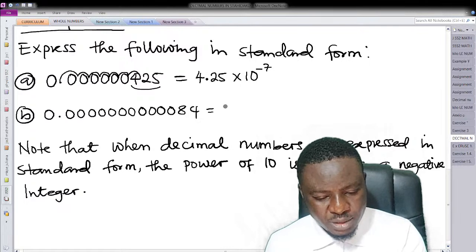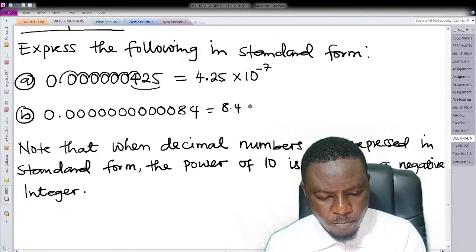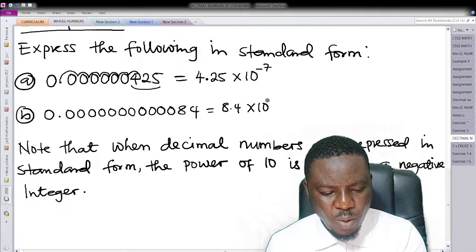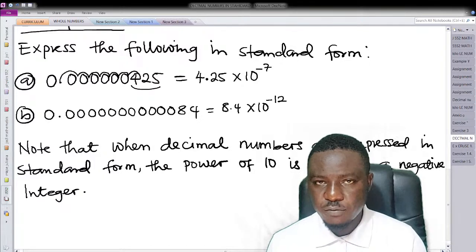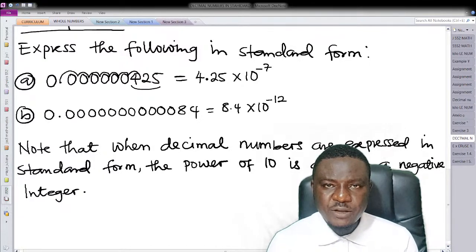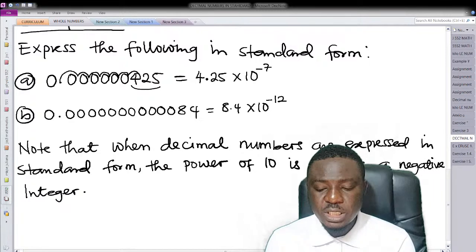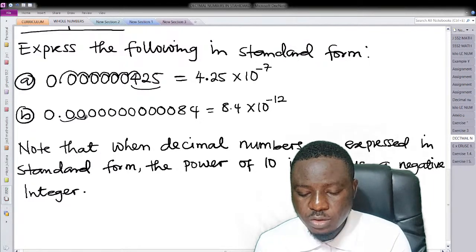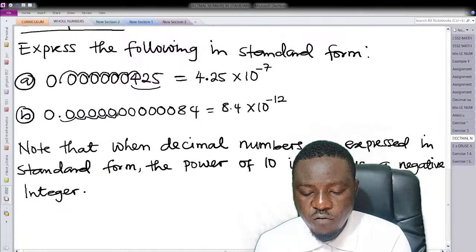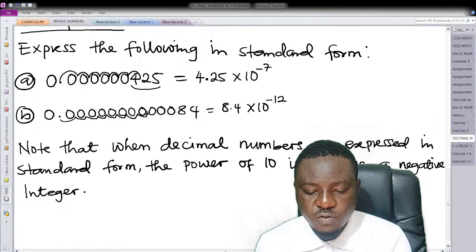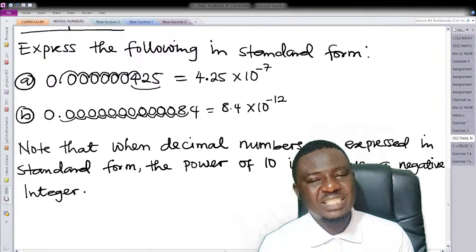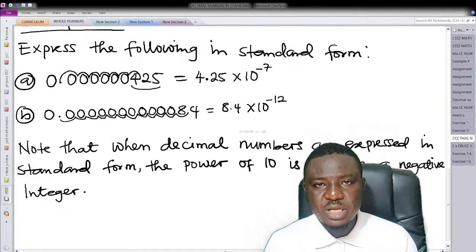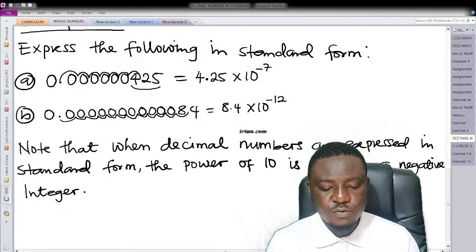So this becomes 8.4 times 10 raised to the power of negative 12. But if you are still having issues with counting, you can then draw the arc, okay? 1, 2, 3, 4, 5, 6, 7, 8, 9, 10, 11, 12. So this gives you 8.4 times 10 raised to the power of negative 12.